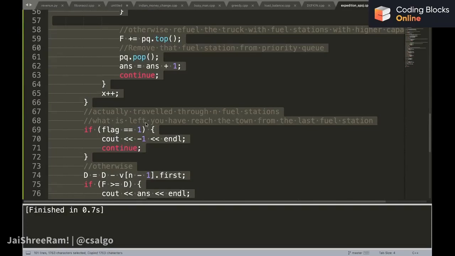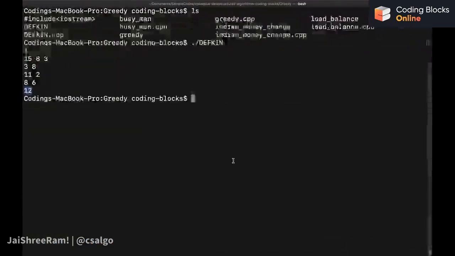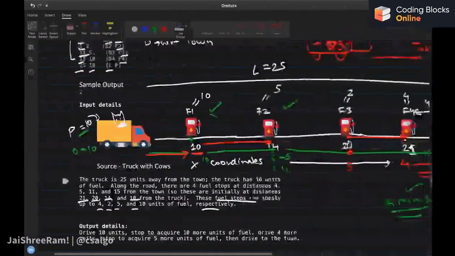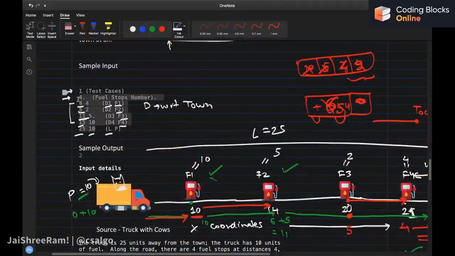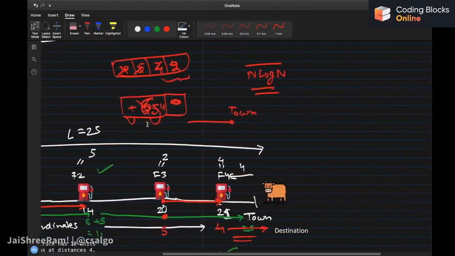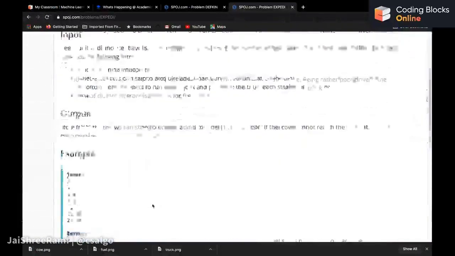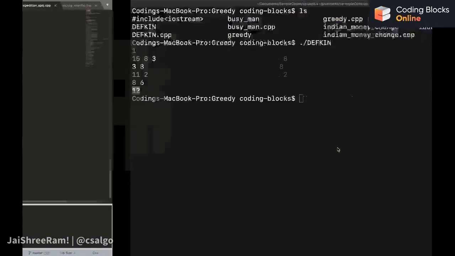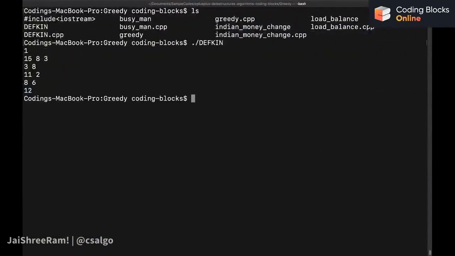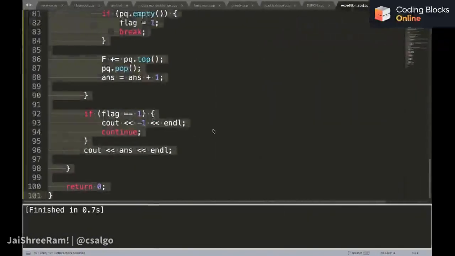Let me just give some input and output. 144, let me copy it from the problem. We are getting the answer as 2, which means our solution is correct.